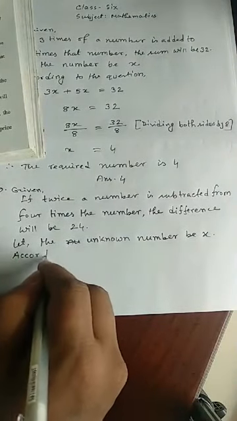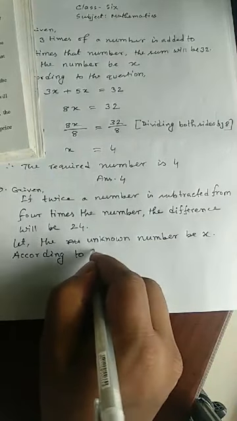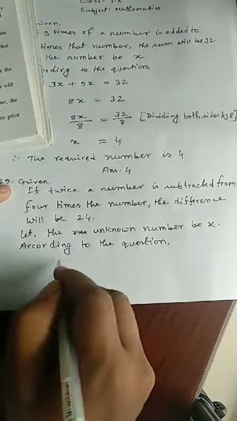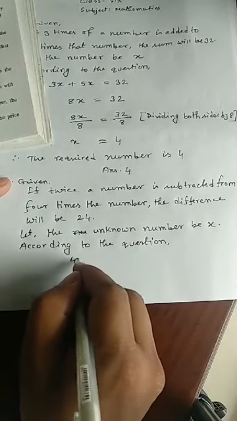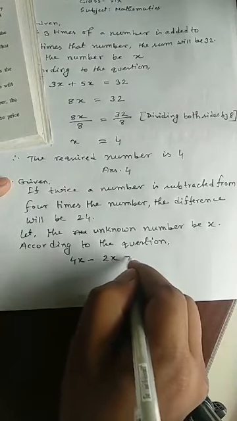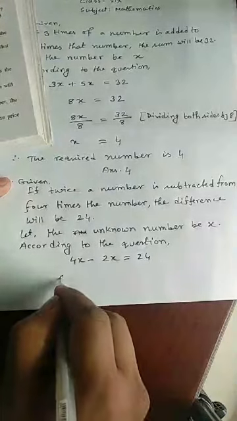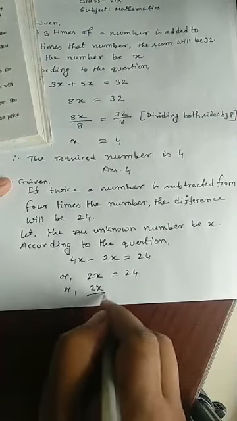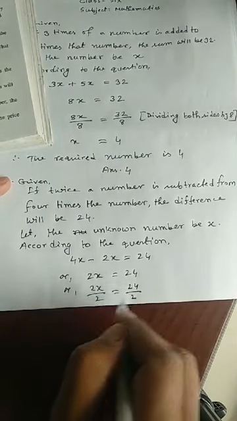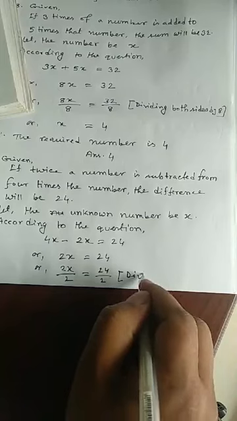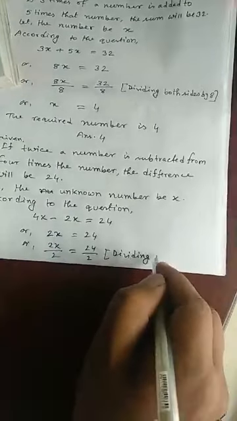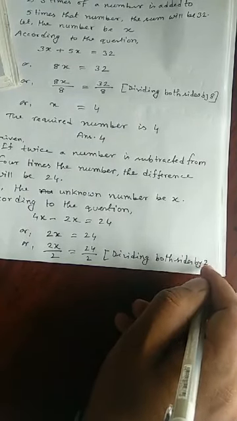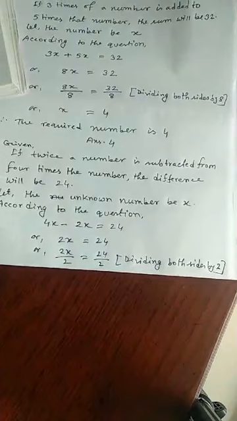According to the question, 4x minus 2x equals 24, or 2x equals 24, or 2x by 2 equals 24 by 2, dividing both sides by 2.